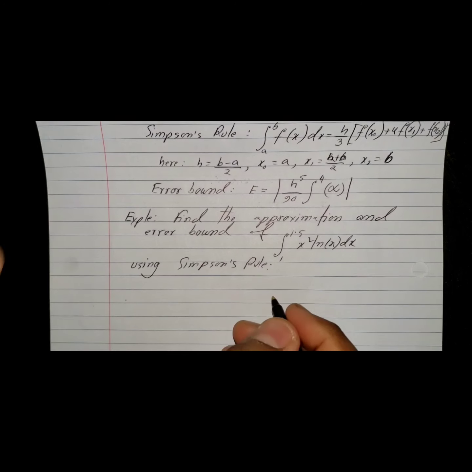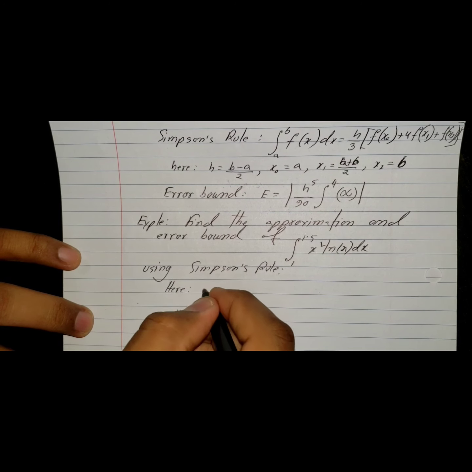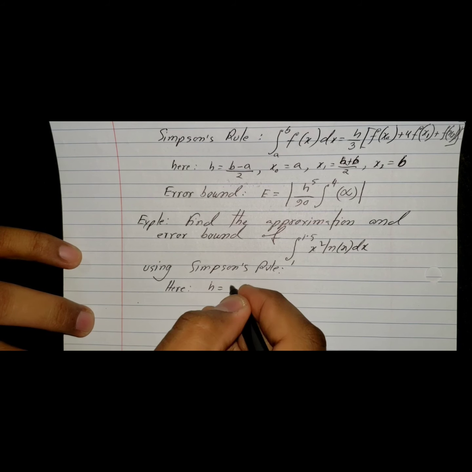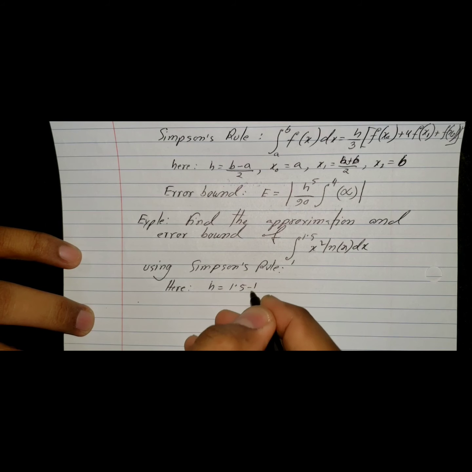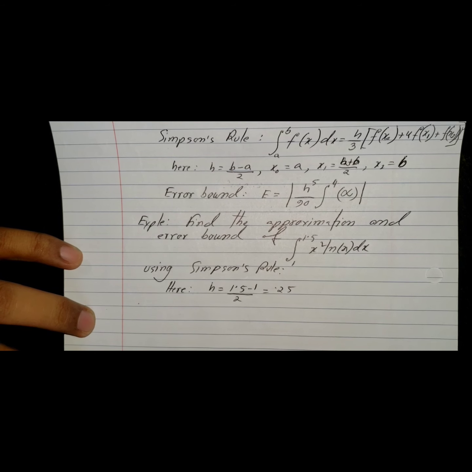All right, so here we have h equals (1.5 minus 1) by 2, which is giving you 0.25.